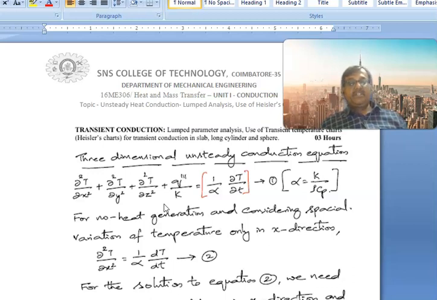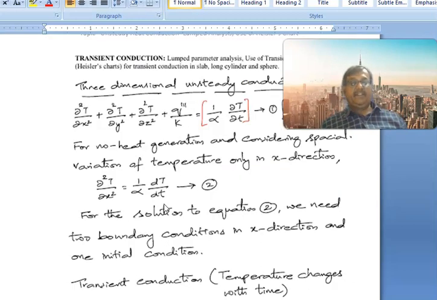For no heat generation and considering spatial variation of temperature only in the x direction, we get ∂²T/∂x² = (1/α) ∂T/∂t.